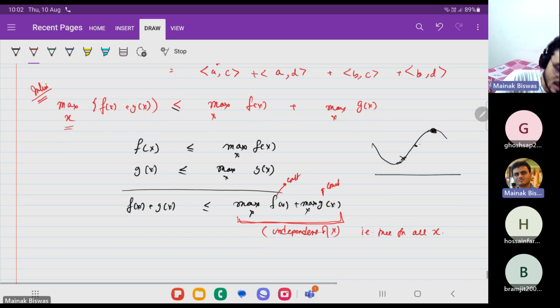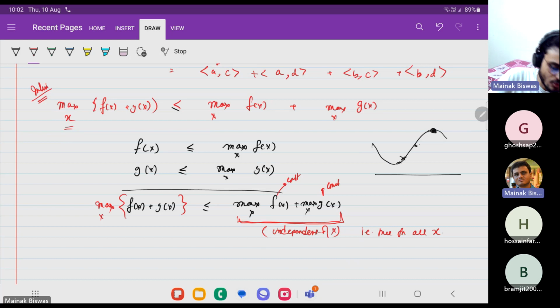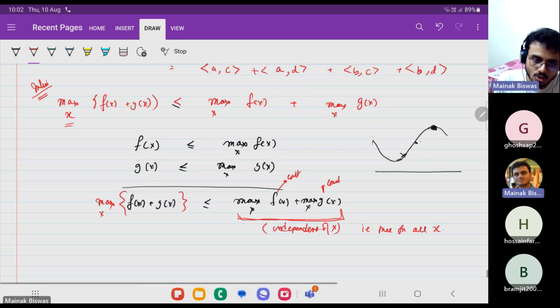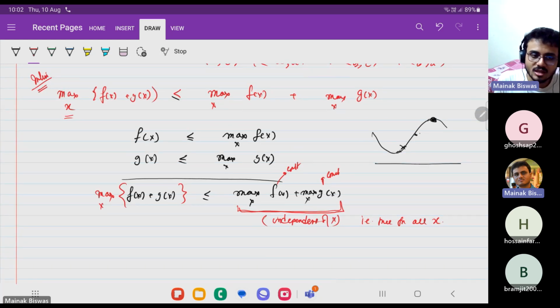So if it is a constant, I can take the max on the left side since it is true for all x. If it is true for all x, it's also true for the maximum on the left side. This is true for all x, therefore true for the maximum as well.